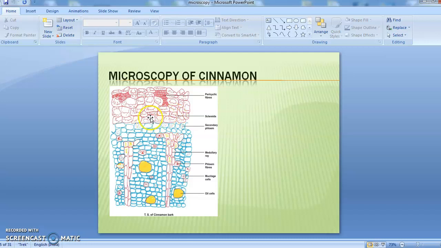Inside, you can see the columnar cork cells and the pitted cells. These sclereids also contain starch grains. Below that, the pericyclic fibers are present.